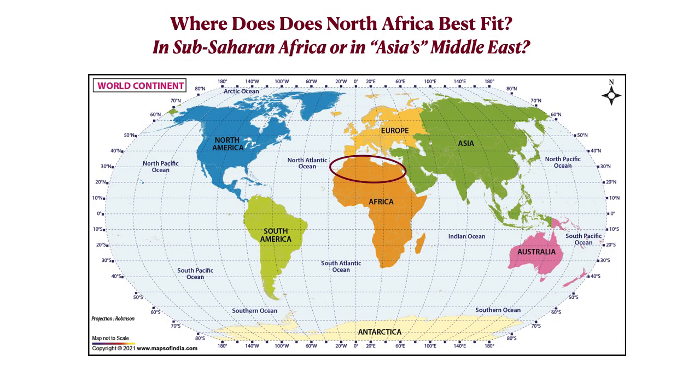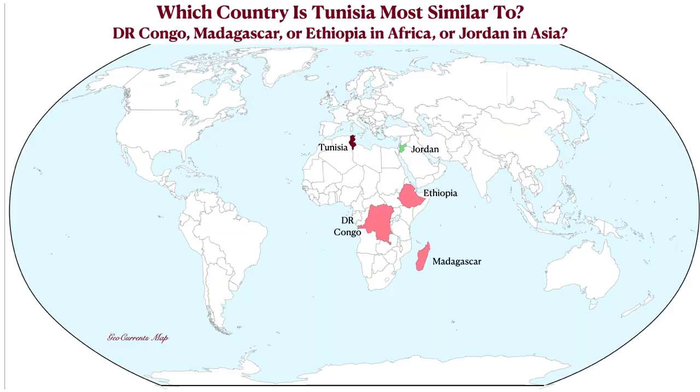And we could do the same thing with North Africa. Where does it fit better, with sub-Saharan Africa, or Africa south of the Sahara, or with the Middle East, which is technically in Asia? Or we can do the same kind of map. What is Tunisia most similar to in terms of human culture and history, politics, economics, whatever we want to look at? Is it more similar to the Democratic Republic of Congo in Africa, or Ethiopia, which is very distinctive, or Madagascar?